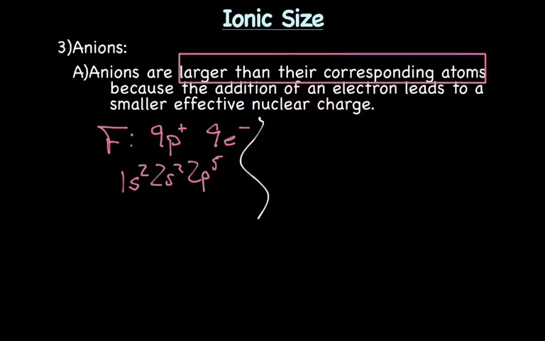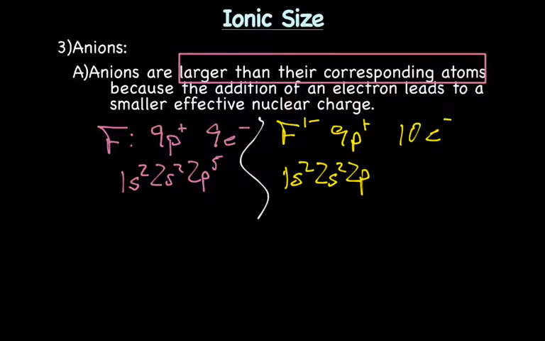And then fluorine ion still has 9 protons. Protons don't change, but it now has 10 electrons. It needs to gain 1 electron to have noble gas configuration, so 1s2, 2s2, 2p6. So now fluorine has 9 protons for 10 electrons. That's a weaker nucleus compared to the number of electrons, so that means it's going to be larger.